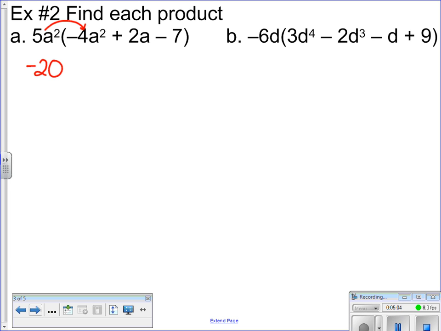A squared, a to the fourth. 5a squared times 2a. 5 times 2 is 10. A squared times a cubed. And lastly, 5 times negative 7, negative 35, and tack that a squared onto the end. And that's the answer.